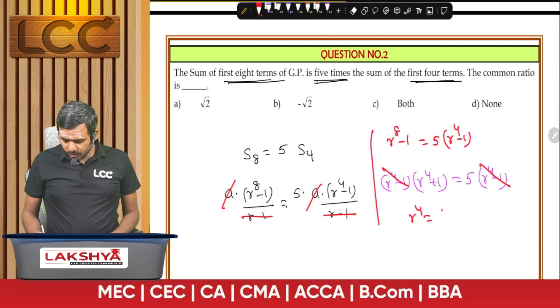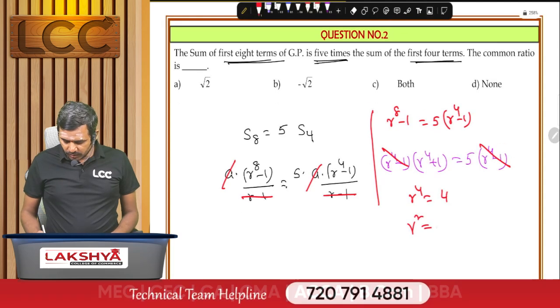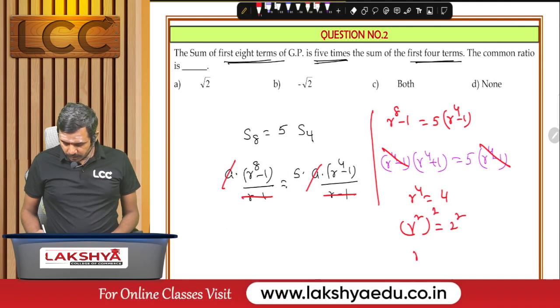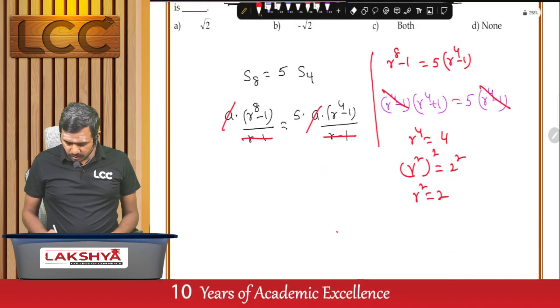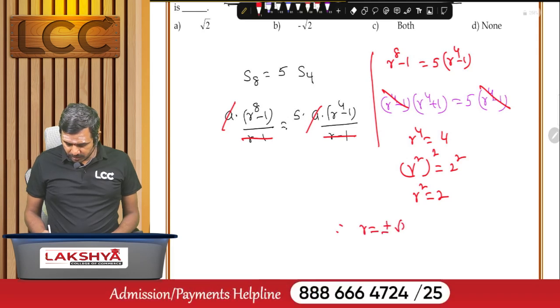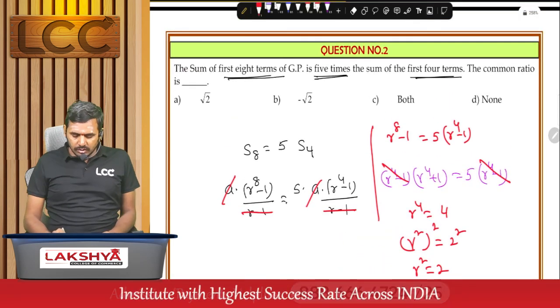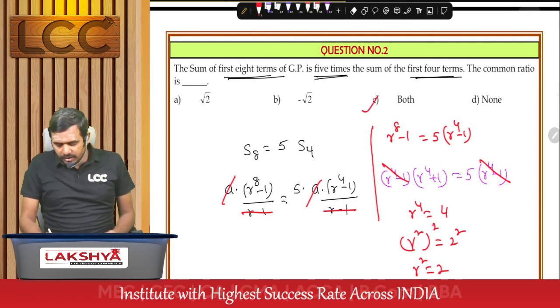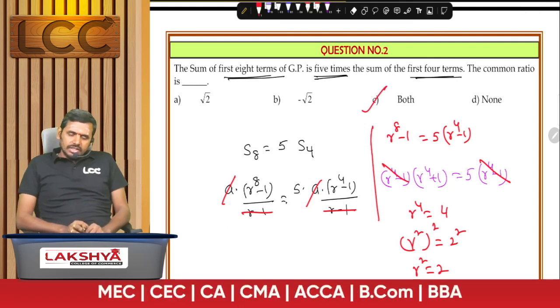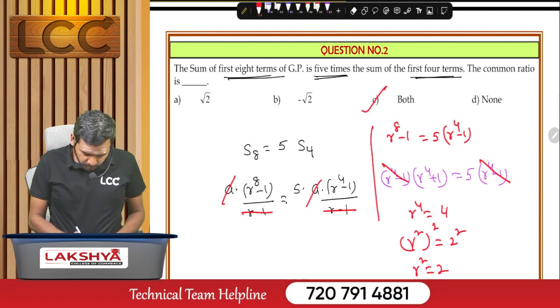Therefore r power 4 plus 1 is equal to 5, so r power 4 is equal to 4. (r square) whole square is equal to 2 square. Therefore r square is equal to 2. Hence r is equal to plus or minus root 2. Hence the answer is both. It's an important question.